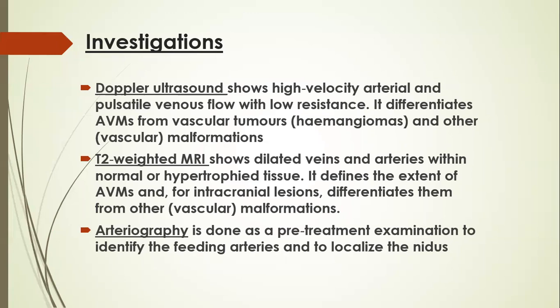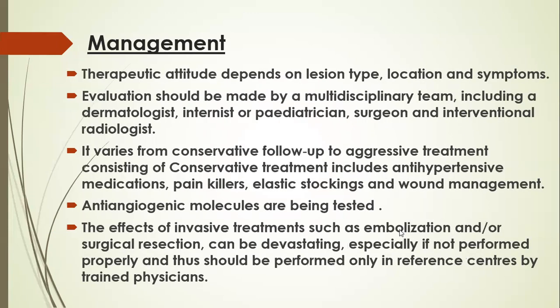It defines the extent of AVM and intracranial lesions and differentiates it from other vascular malformations. Arteriography is done pre-treatment to identify the feeding arteries and localize the nidus where the intervention is to be done.